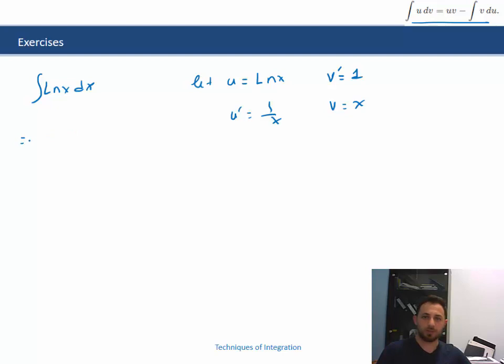Then we employ the formula: u·v, x ln x, minus the integral of u'v. And the integral of 1 is x plus c.